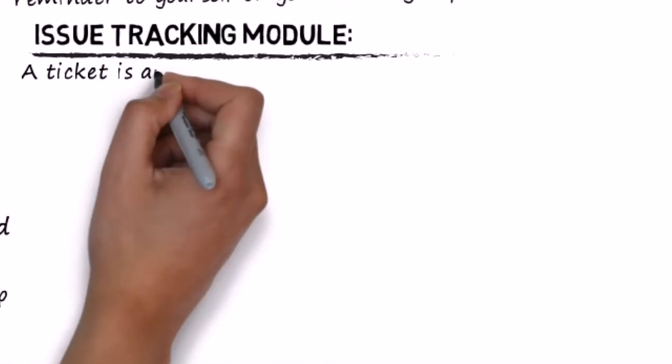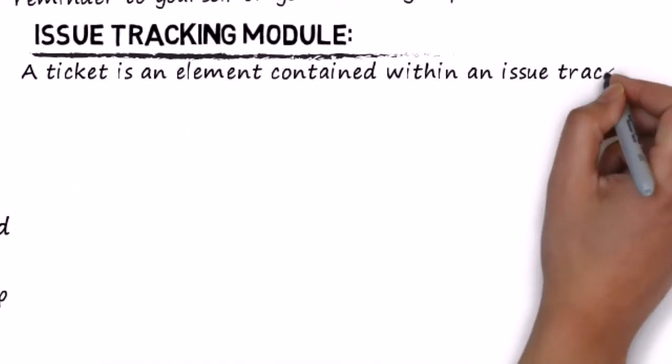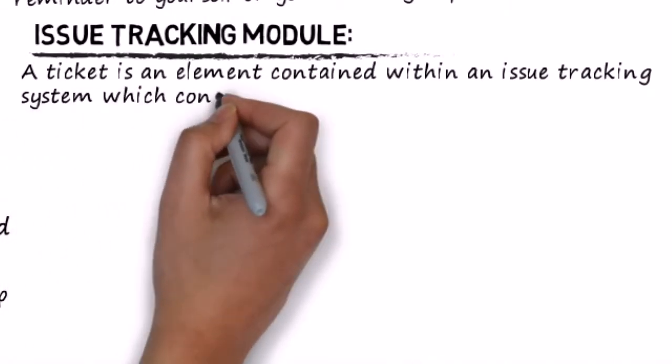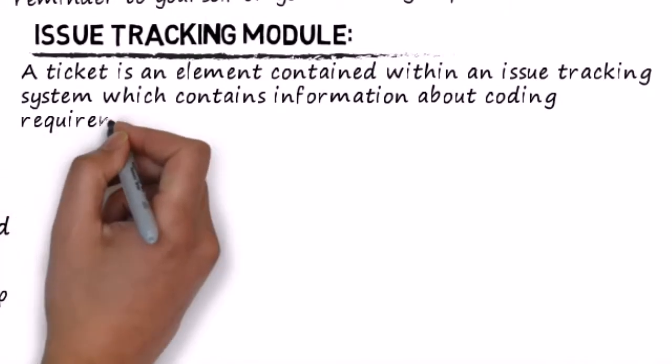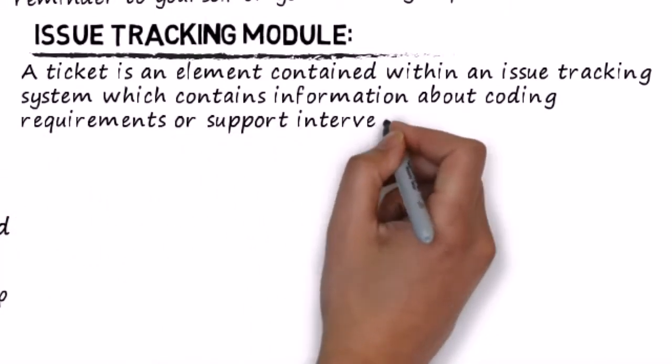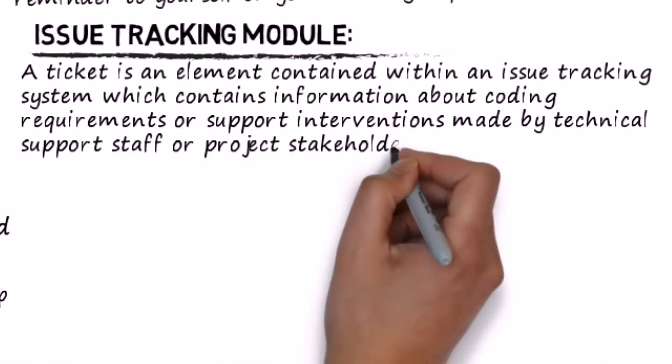Issue Tracking Module. A ticket is an element contained within an issue tracking system which contains information about coding requirements or support interventions made by technical support staff or project stakeholders.